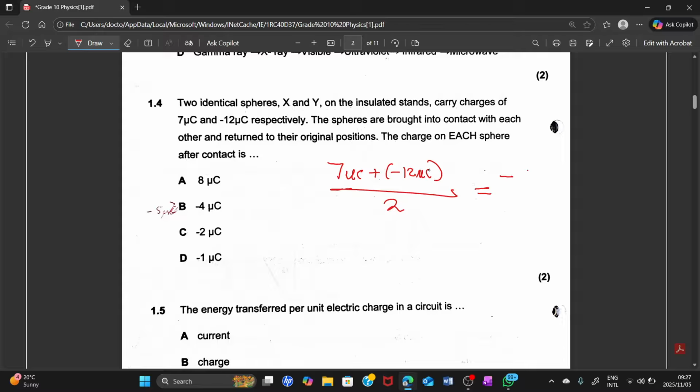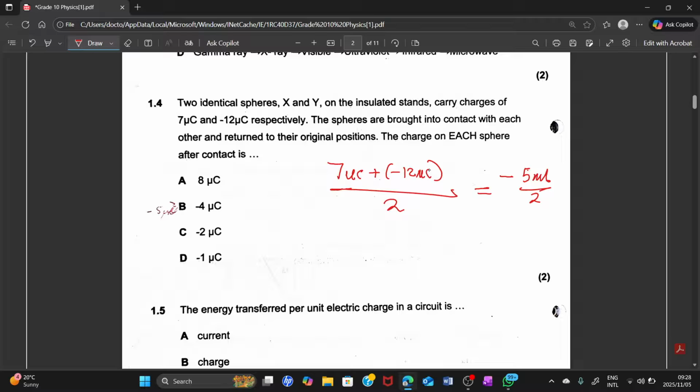So this one is going to be 7 plus minus 12, which is going to be minus 5 microcoulomb over 2. You see?